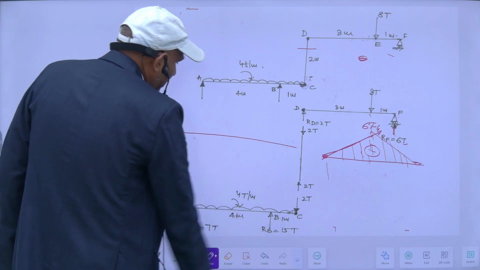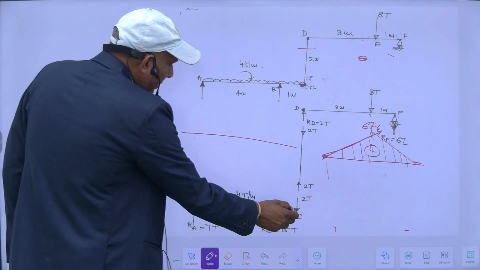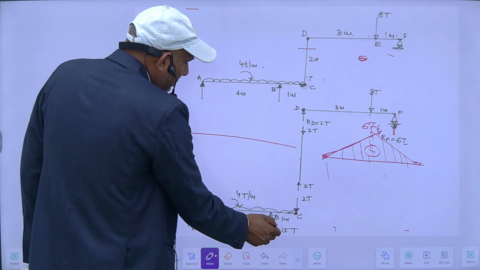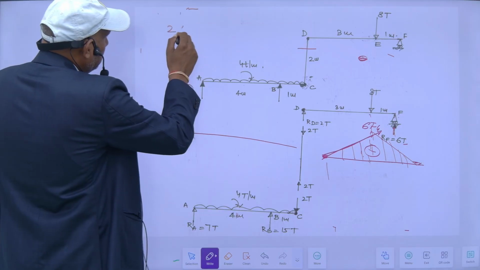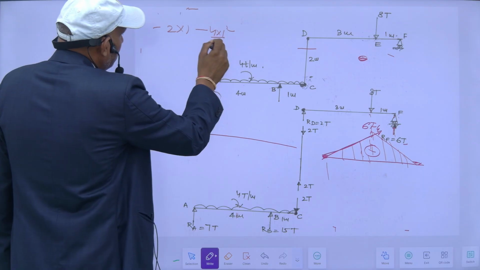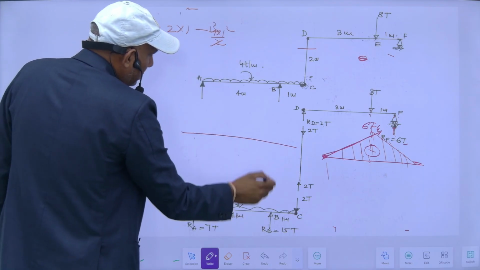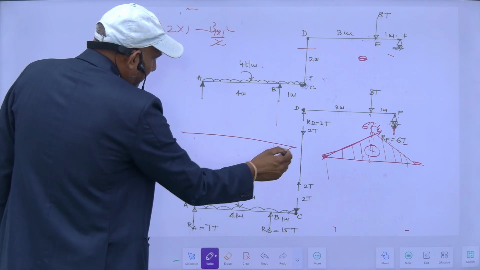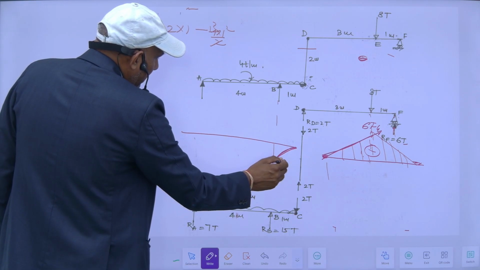By diagram, it is here 2 into 1 minus 4 into 1 square by 2. So it is 4 at this point. It is parabolic like this, 4 ton meter.